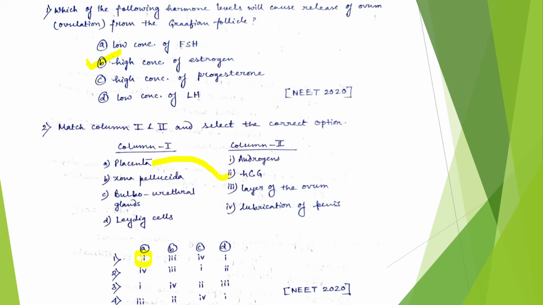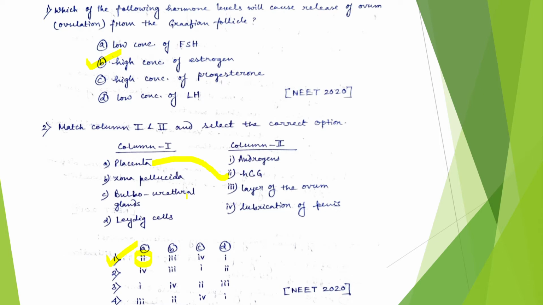So the correct answer would be option 1. Just by seeing one matching pair, you can answer the question, because no other option contains option 2 with option A. So obviously the correct answer would be option 1.